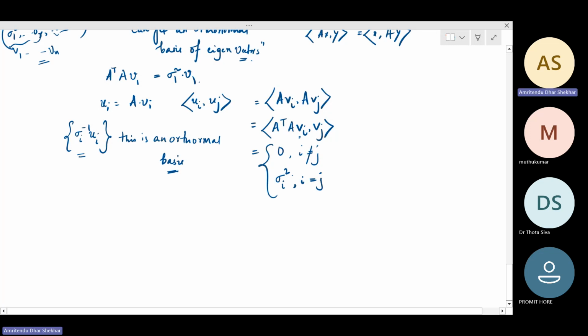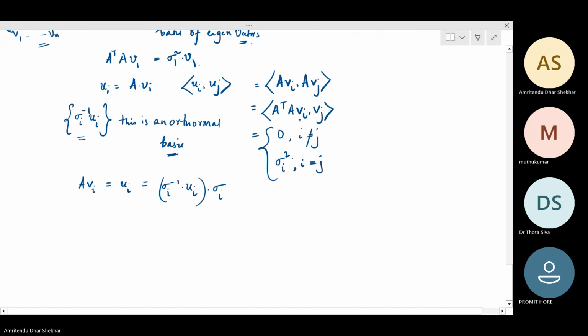Now what you can do is write A Vi. By definition, A Vi is equal to Ui, so I'm going to write it as sigma i inverse times Ui times sigma i.